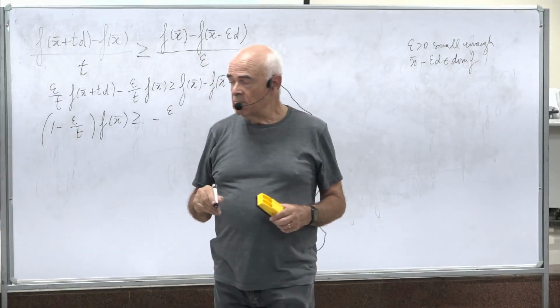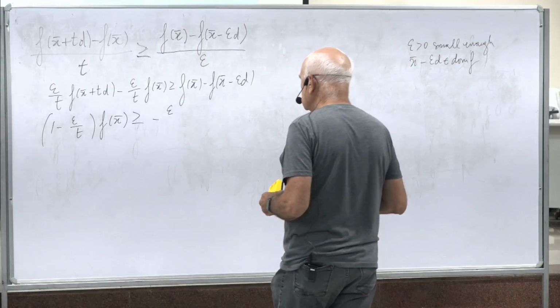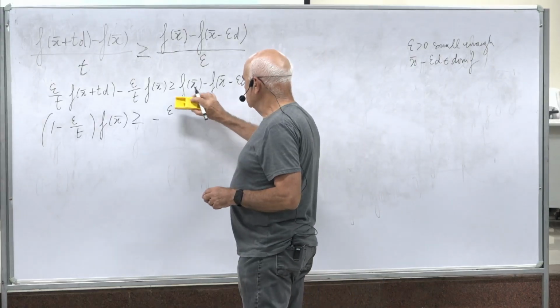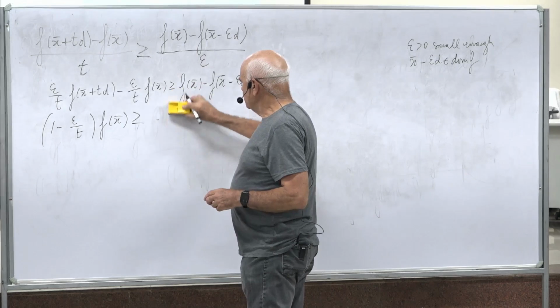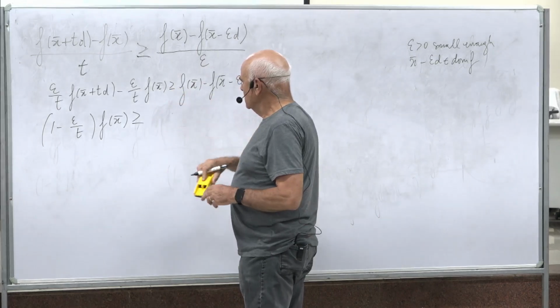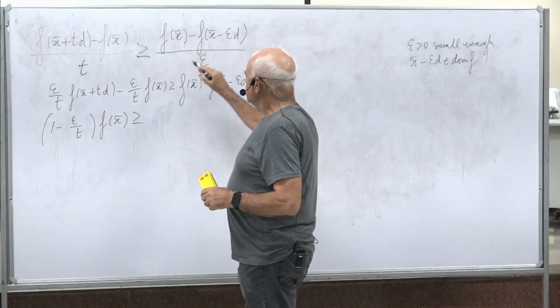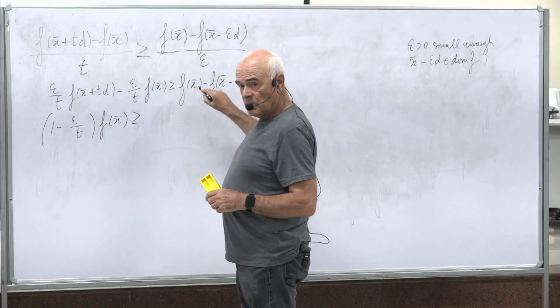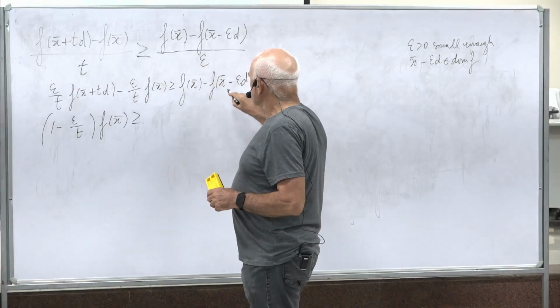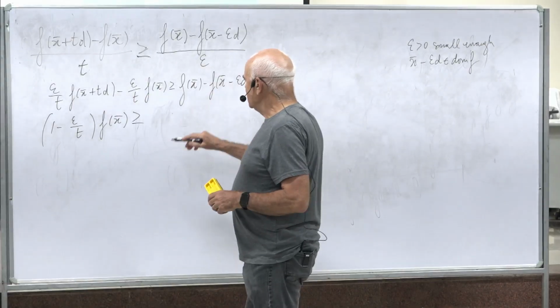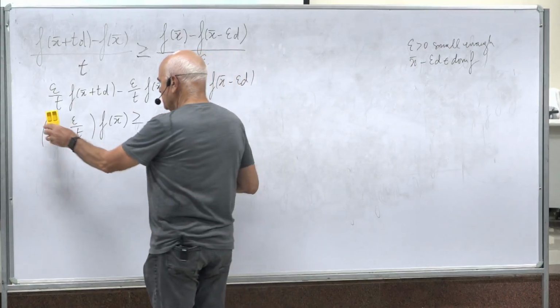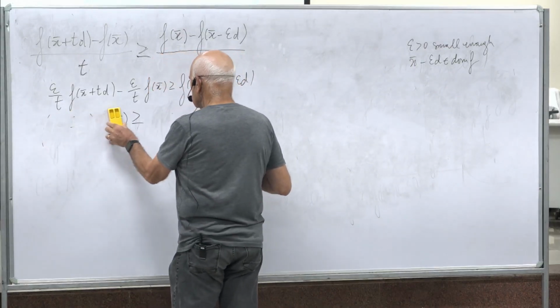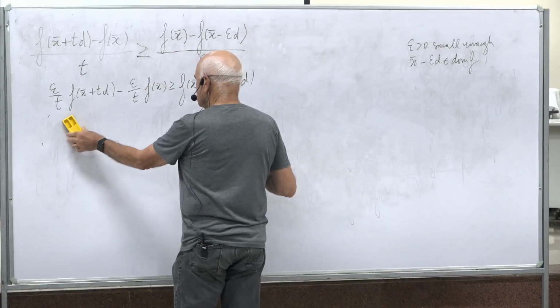Sorry? So epsilon, you mean there is a mistake in this inequality? The next line should be minus, okay. But then I don't like it either.